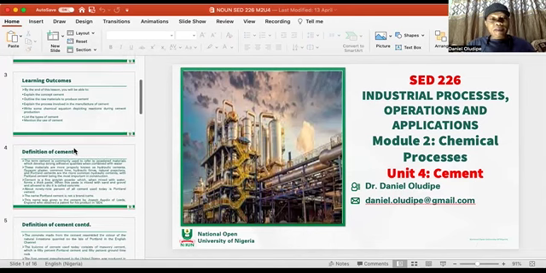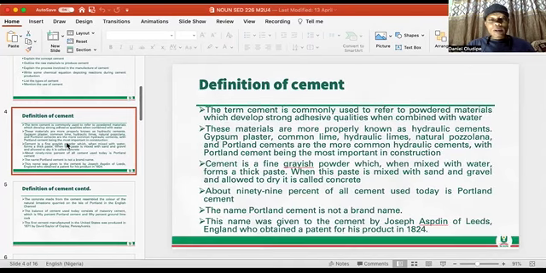This is cement. We talked about the definition of cement, its properties, and brief historical background, or how cement came to be.